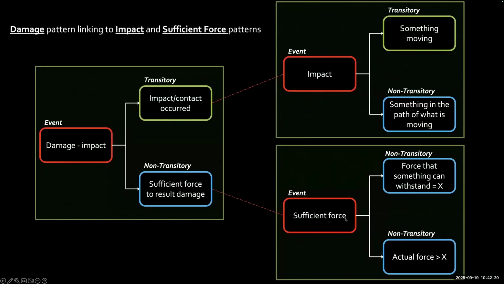Force is what we would term a specific, especially when I say sufficient force. Sufficient force is a type of exceedance. All right, well, what do I mean by that? Well, it means just that in this case, with respect to force, that a thing like a Coke can has a certain structural capability to withstand force.